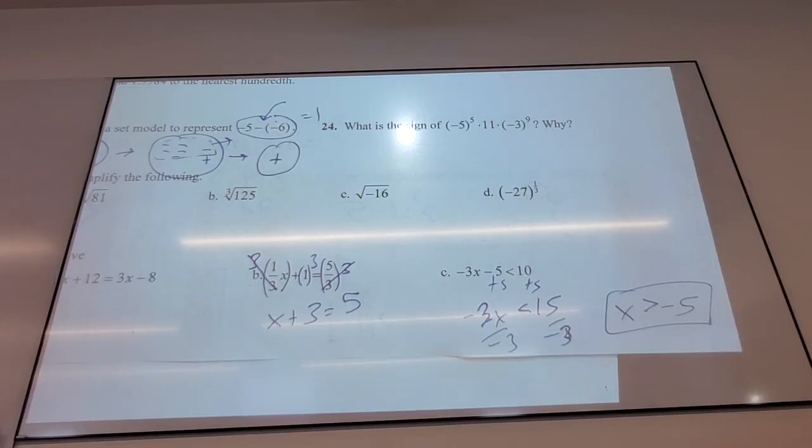Every odd number of negatives makes a negative: two kill each other, two kill each other, you're left with a negative. So how many total negatives are in that? There's nine negatives, and 5 more. So 14 total. An even number of negatives, they all kill each other, so the answer is positive.